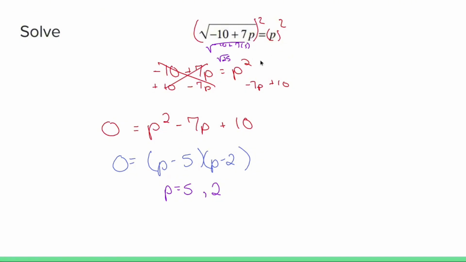And see if that equals 5. It does. If I were to plug in the 2, that would be the square root of negative 10 plus 7 times 2, so negative 10 plus 14. And I want to see if that equals 2. Negative 10 plus 14 is 4, so the square root of 4 equals 2. Checkarooski. Both of these work.